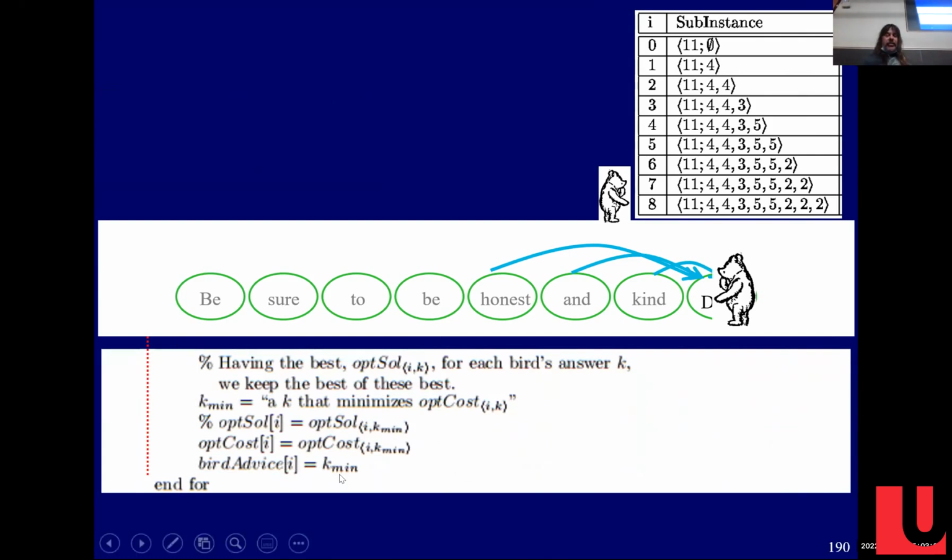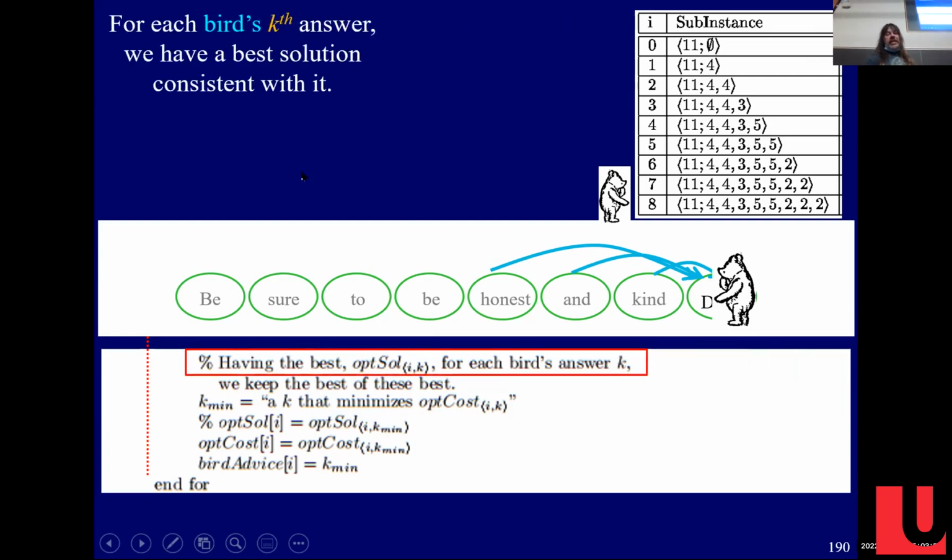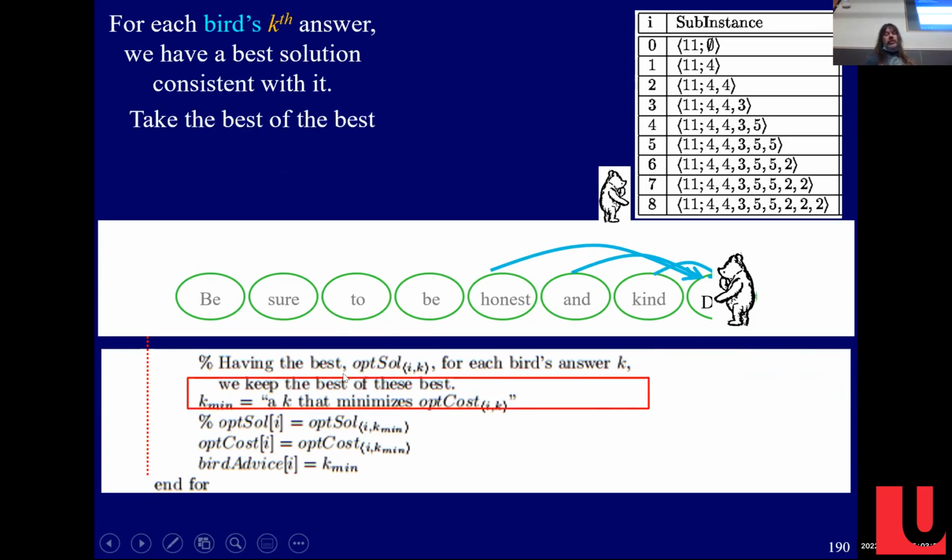Here, see, this is looping over all bird answers, right? So I'm still Mr. I. I'm still trying to solve the I problems, but what do I have? I have the best answer for each bird answer, right? So for each bird answer, I have the best answer consistent with it. And all I do is take the best of the best, right? So here, this says, give me the K that minimizes this value, right?